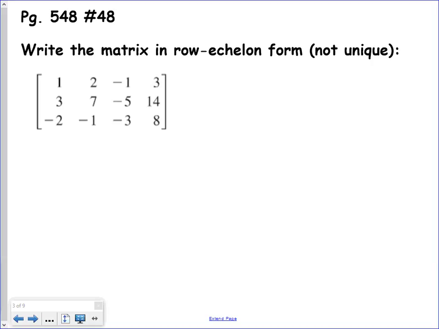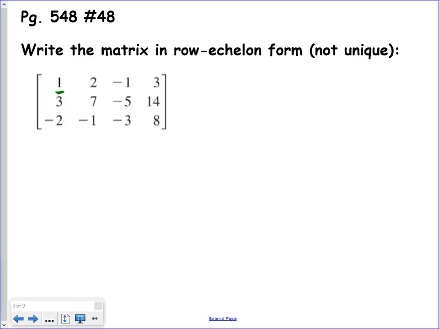The first row. Hopefully you do a little survey of your matrix. This row has a leading 1, furthest to the left, and it's already at the top of the matrix, so it's right where it should be. I'm going to make a mental note to myself: don't do anything to row 1. All of my changes will happen to row 2 and row 3.